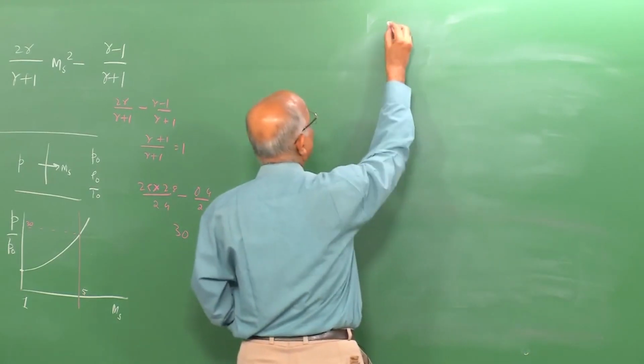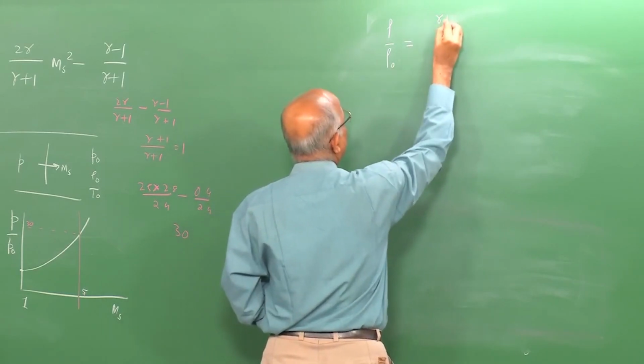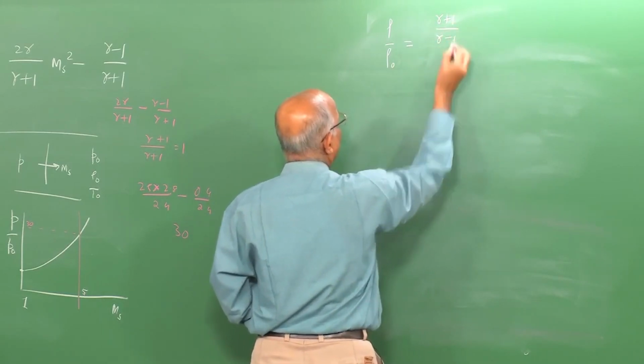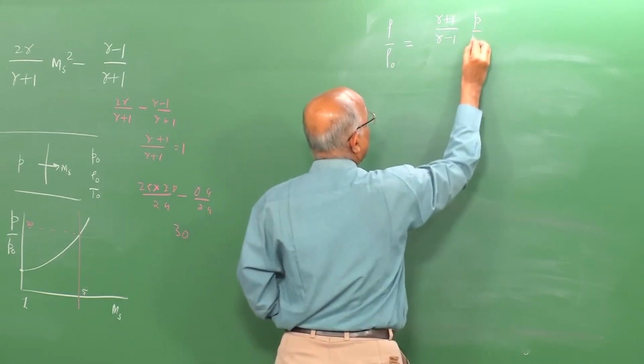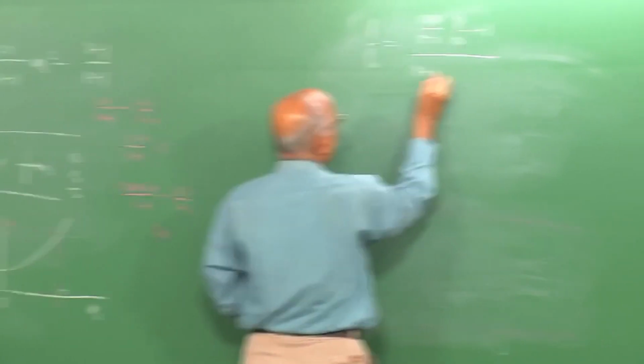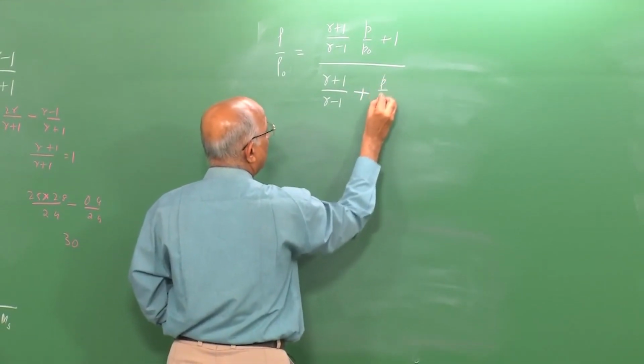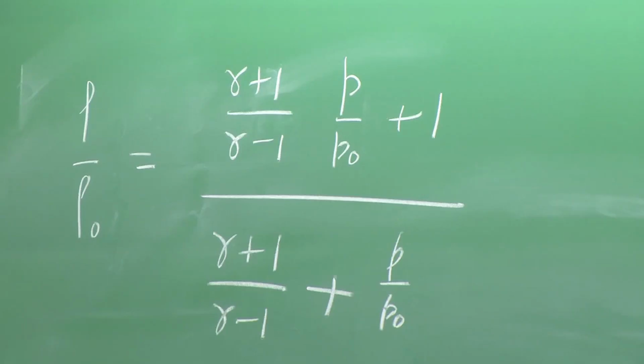Please go back, let us check it. Rho by rho 0 was equal to (gamma plus 1 divided by gamma minus 1 into P by P0 plus 1) divided by (gamma plus 1 divided by gamma minus 1 plus P by P0). This was the expression which we got.